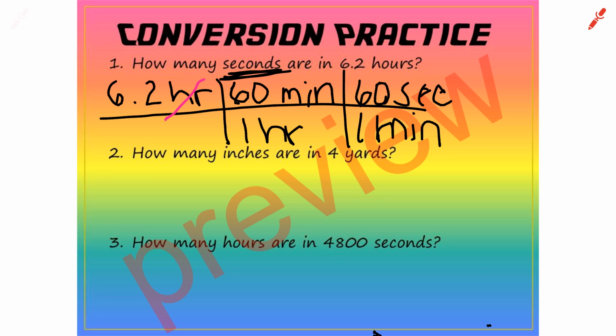Okay, so let's just double check. And Brownie says hi. So the hours cancel out, the minutes cancel out. So we have to do this math. So we have 60 times 60 times 6.2. So I'm going to do that on a calculator.